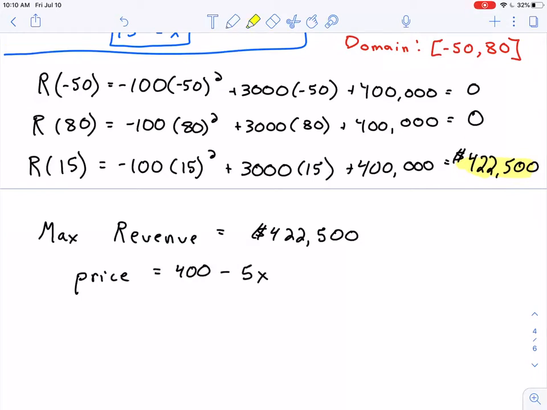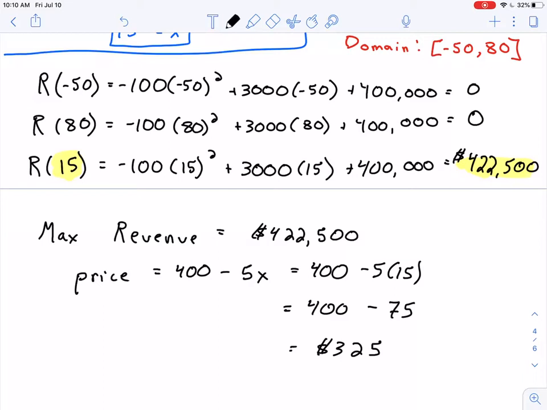The X value that gave us the maximum revenue was 15, so this is 400 minus 5 times 15. That gives me minus 75. I should charge $325 per ticket.